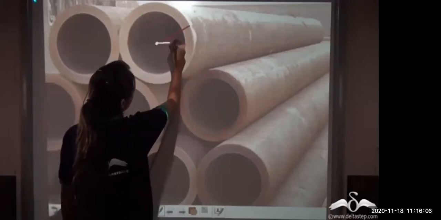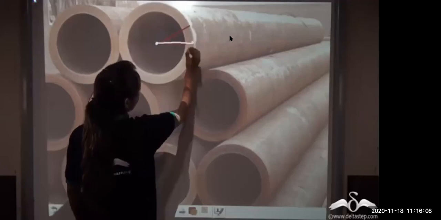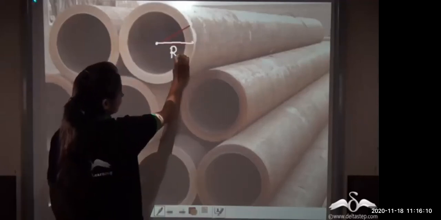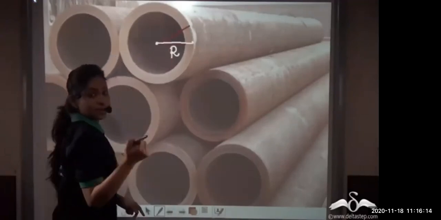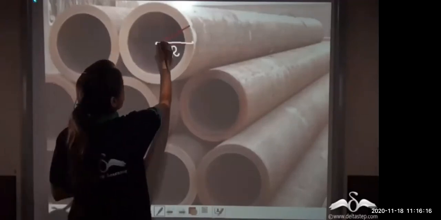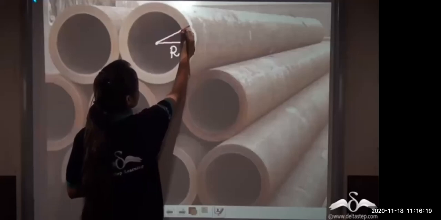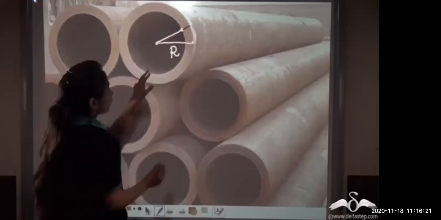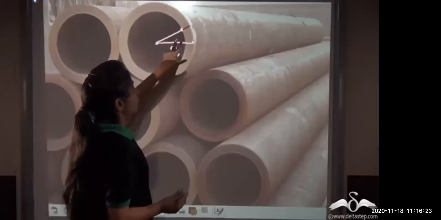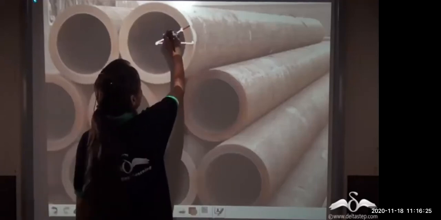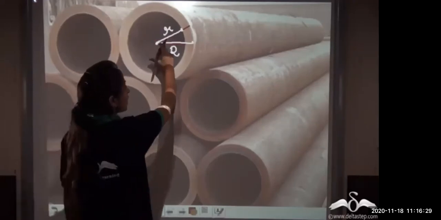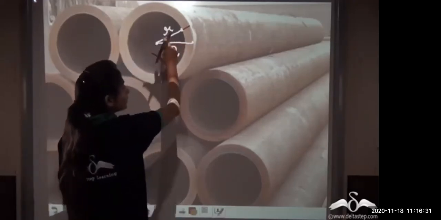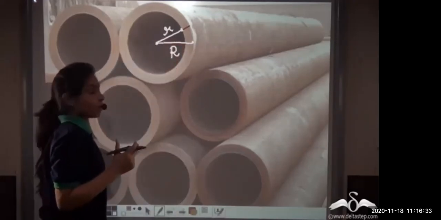Now, one thing if you notice, from this point to the outer part, this is called the radius of this circular base. Now this cylinder also has another radius, that is from this point to this point, from where this cylinder is starting to become hollow. This can be called as internal radius. So this capital R denotes the external radius, and this internal radius is denoted by small r.